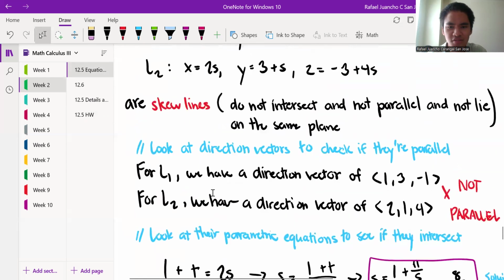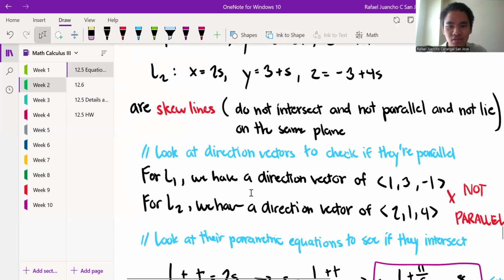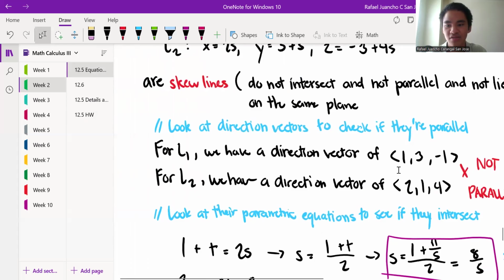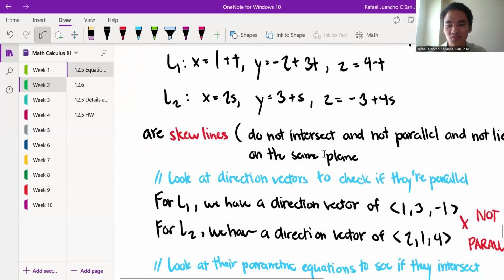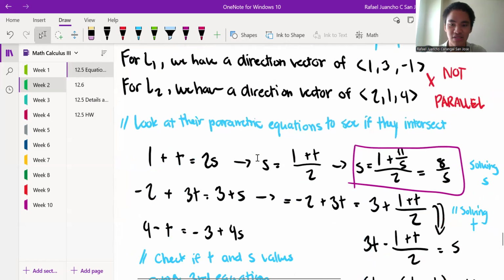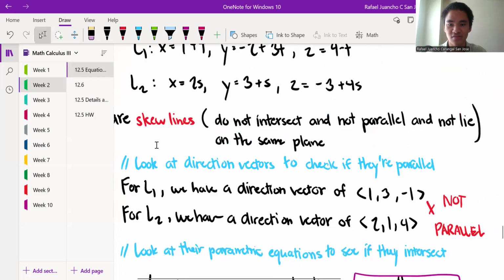Yeah, so I check if they're parallel by looking at their direction vectors, checking if they scale to something, right? And then I can check if they intersect.